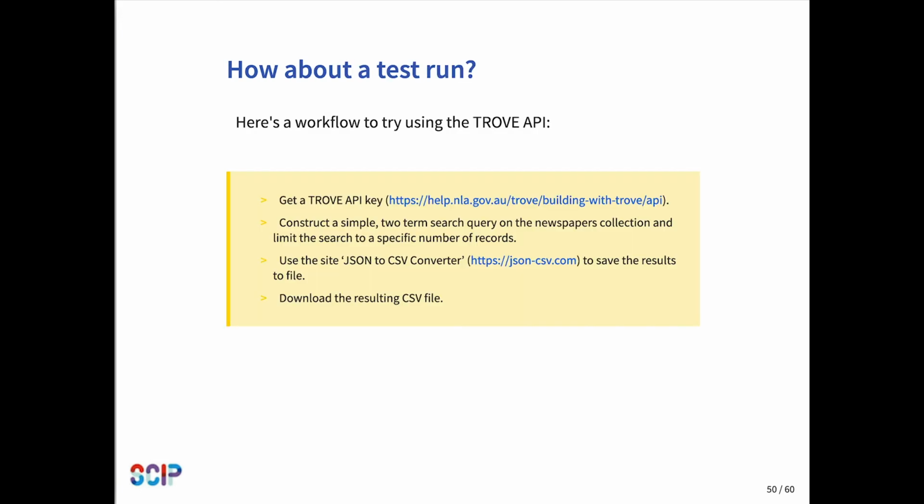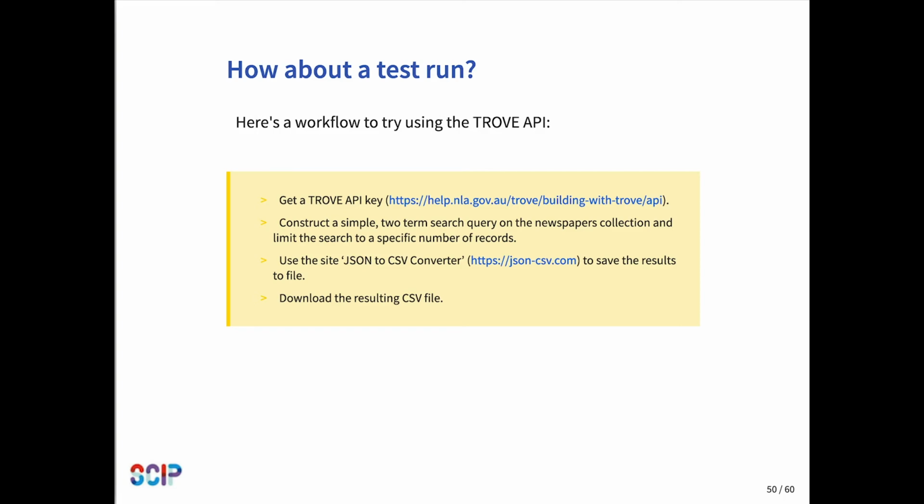So if you're interested in having a go with Trove, I would suggest these are some steps you could follow. Obviously, as we've established with APIs, you need to start off by getting a Trove key. Then try constructing a simple two-term search query on the newspaper collection, and have a look at how you can limit the search to a specific number of records.